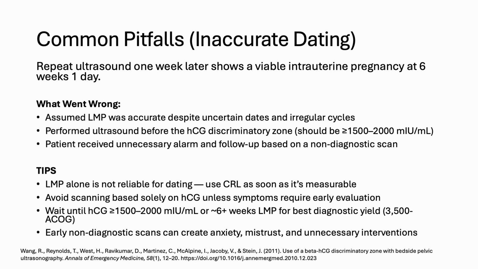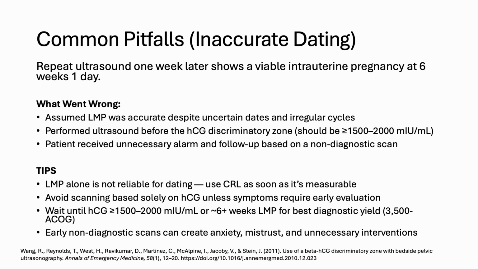So the repeat ultrasound 1 week later showed a viable intrauterine pregnancy at 6 weeks, 1 day. So what went wrong? The midwife assumed that the LMP was accurate despite uncertain dates and irregular cycles. The ultrasound was performed before the HCG discriminatory zone, which is typically between 1,500 to 2,000.